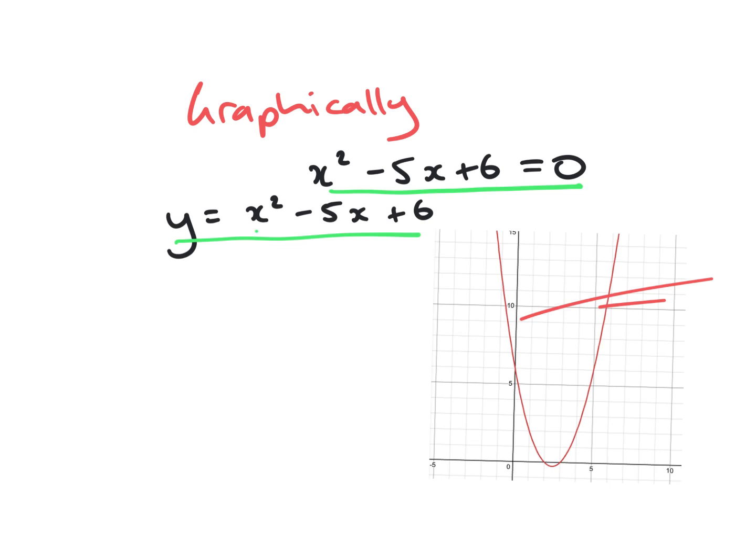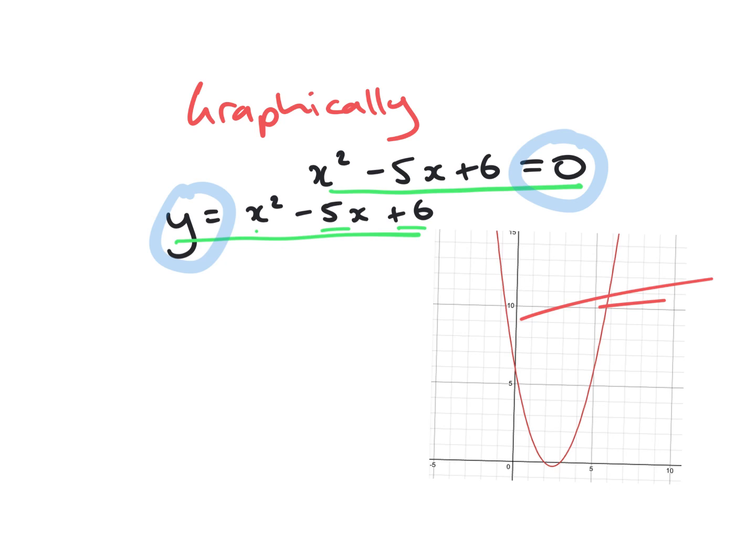They've both got the x squared, they've both got a negative 5x, and they've both got a plus 6. The major difference here is this y and 0. So what we're actually saying, to solve the equation, is y is equal to 0.